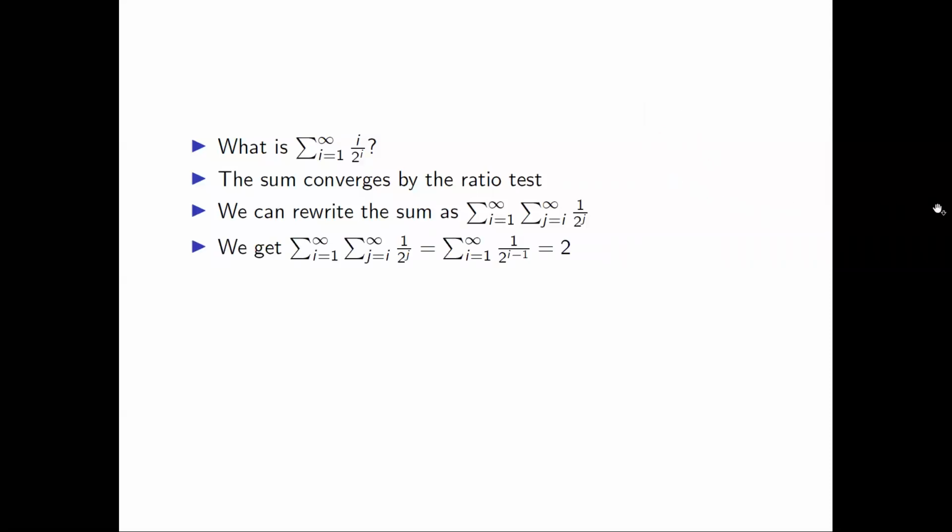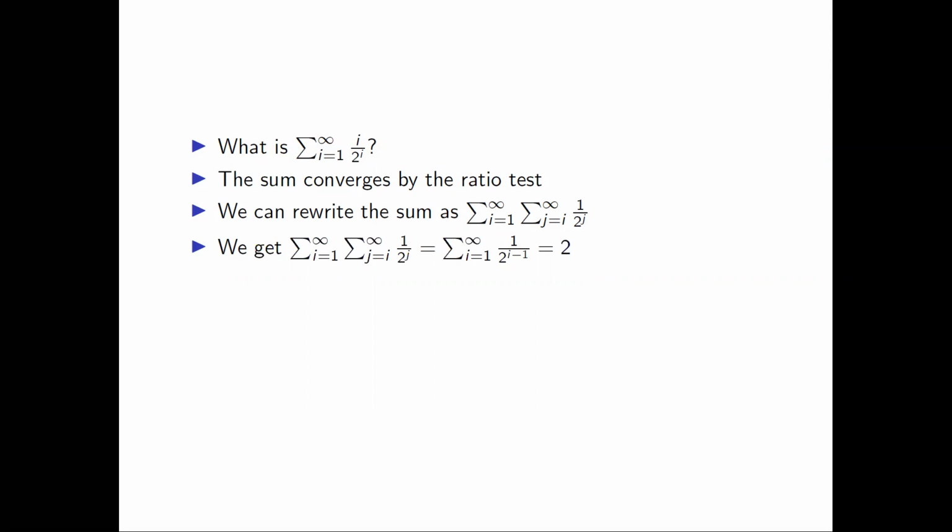So when we evaluate the nested sum, the inner sums, we already know what those are. The inner sum from j equals i to infinity of 1 over 2 to the j is equal to 1 over 2 to the i times the sum j equals 0 to infinity of 1 over 2 to the j. So we get 1 over 2 to the i times 1 divided by 1 minus 1/2.